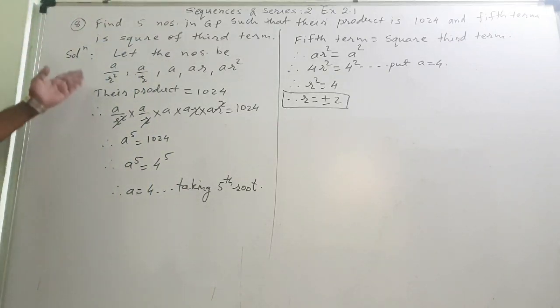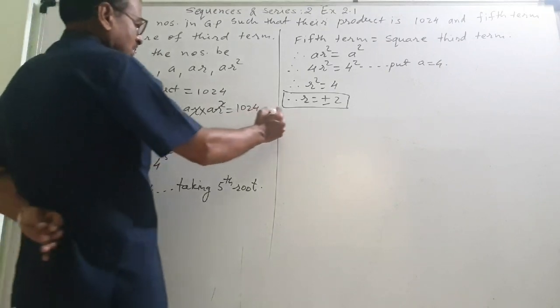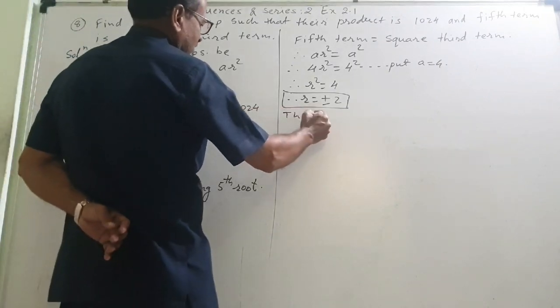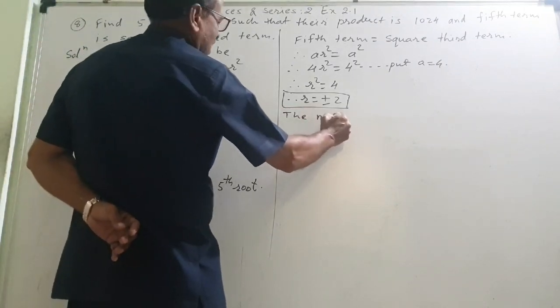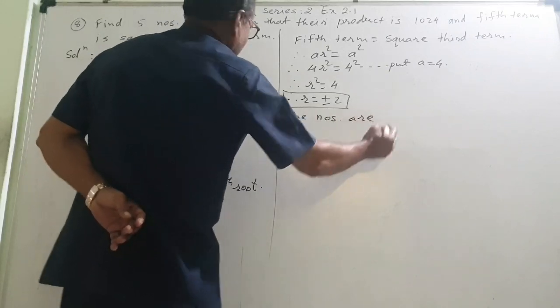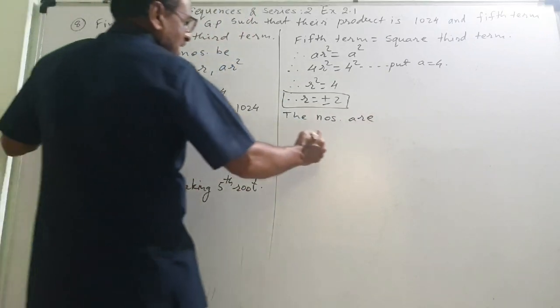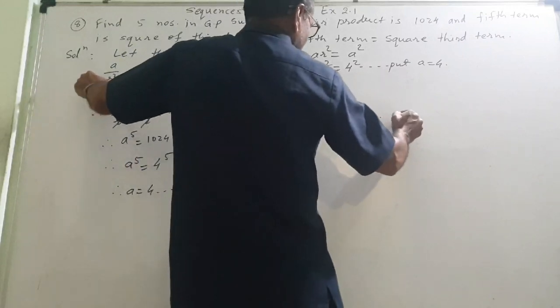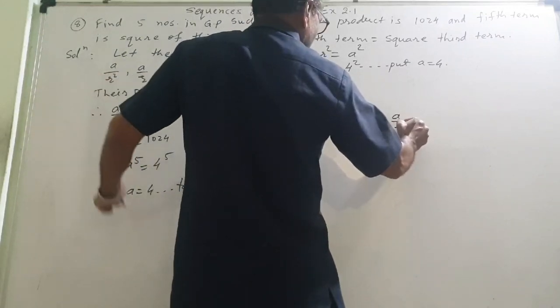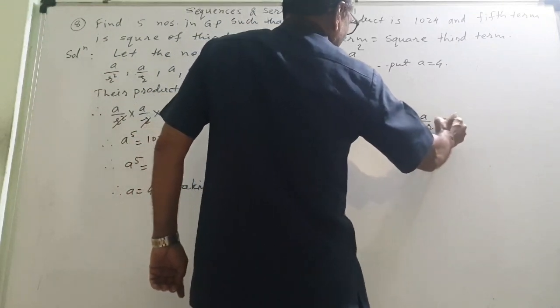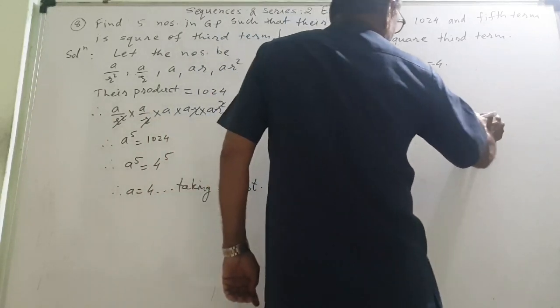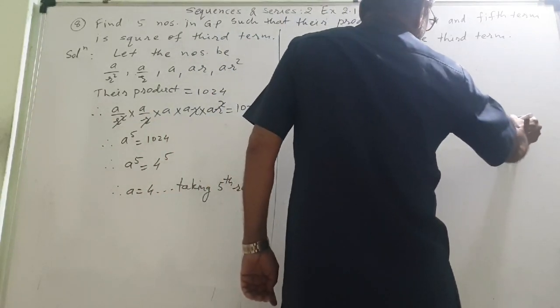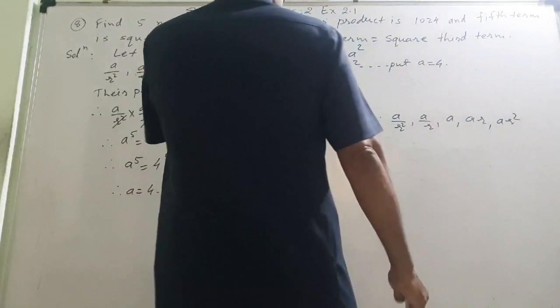Okay. Now the terms are: a upon r square, a upon r, a, ar and ar square. This I have written.